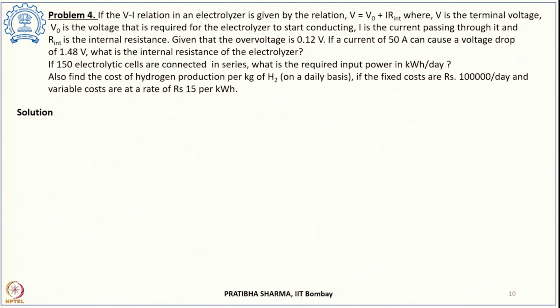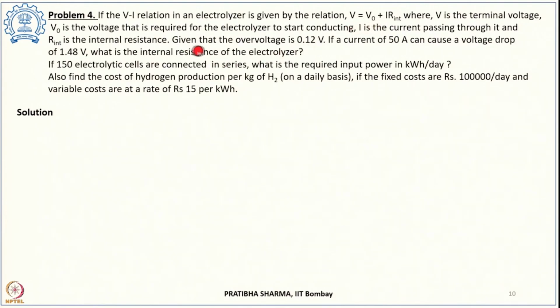The problem statement is that the voltage current relation in an electrolyzer is given by V is V naught plus I R internal, where I is the current passing through it, R is the internal resistance, V is the terminal voltage and V naught is the voltage required for the electrolyzer to start conducting, the minimum voltage required.